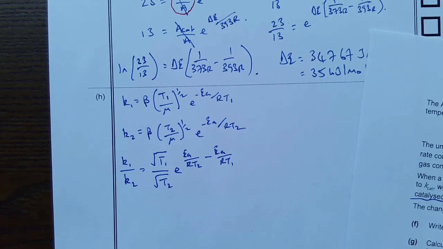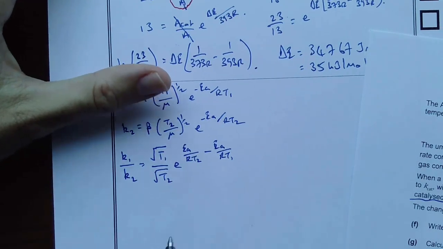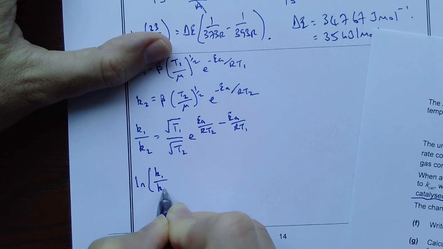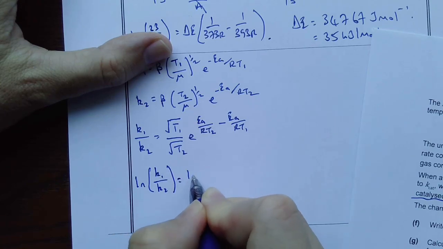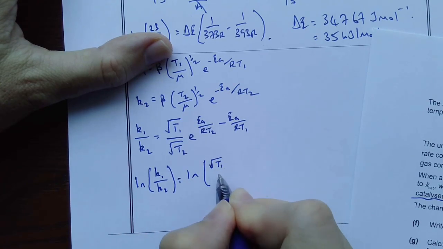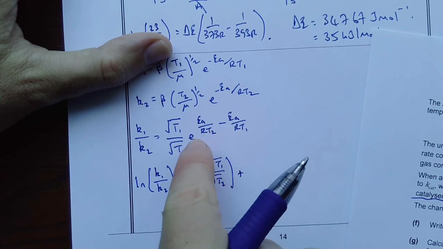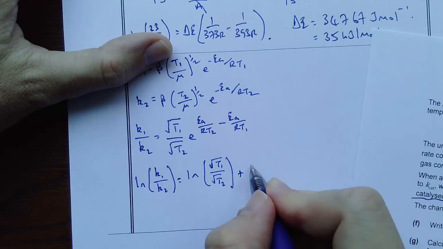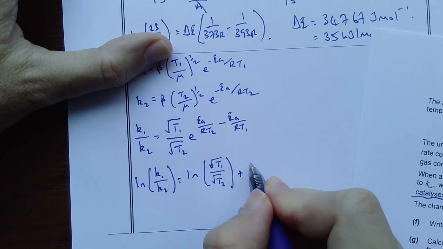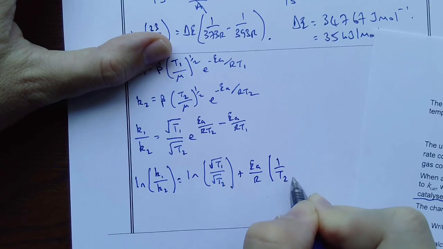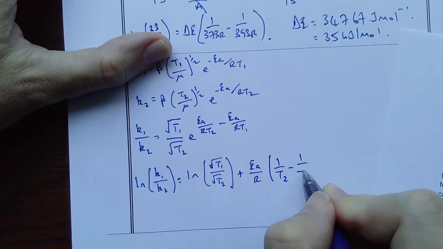All right, and then what am I trying to work out? Activation energy. So I'm going to have to do the log at some point. So let's just do the log now. So log K1 over K2 equals log root T1 over root T2 plus, and then the log of the exponential just gives me the whole thing, which I'll factorize out the activation energy and the R. So 1 over T2 minus 1 over T1.